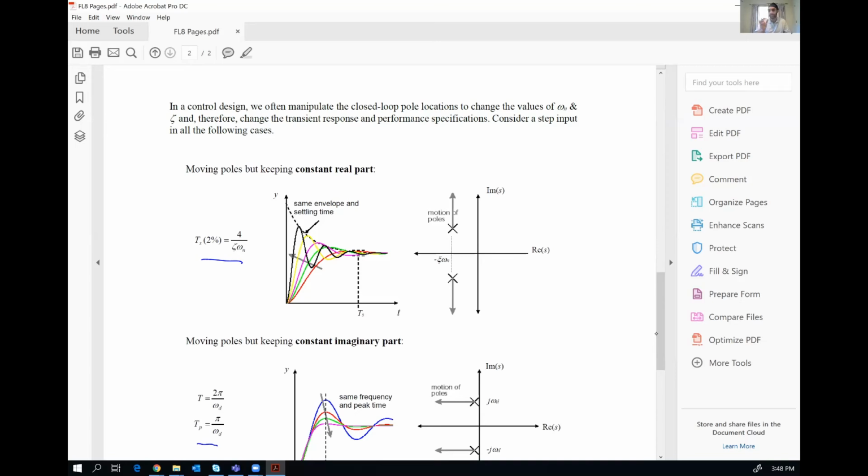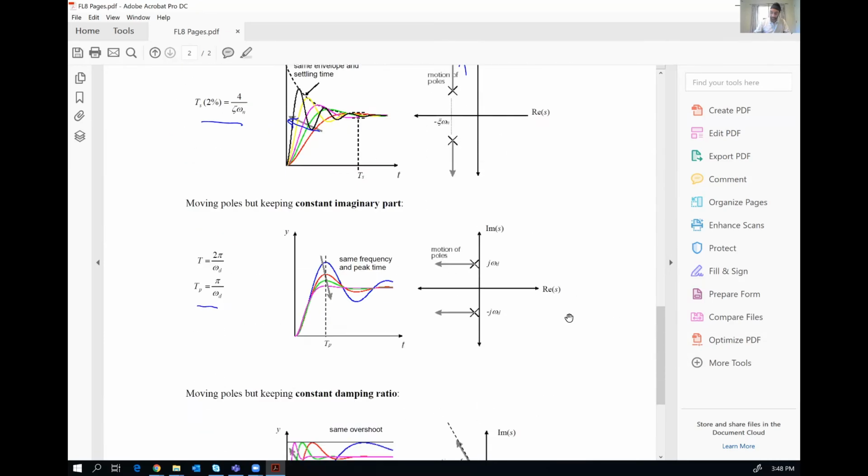So the peak time will continue becoming smaller. If I continue going in the direction with higher imaginary components, I will reach the peak response faster. So my curves are going to shift in the direction shown by the arrow over here.